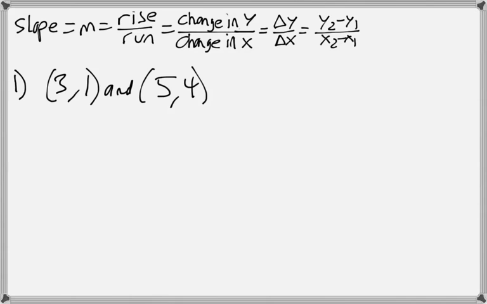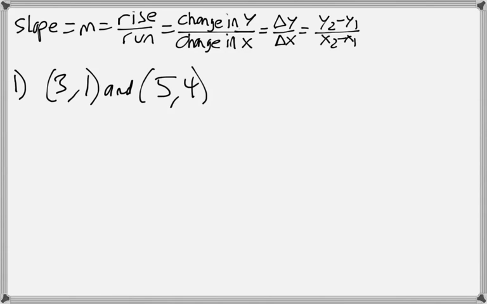Some people say change in y over change in x. You can say delta y over delta x. That means the same thing. And then the actual formula for slope is y2 minus y1 over x2 minus x1. And that's what we're going to be using here. But these are all appropriate ways to talk about slope.